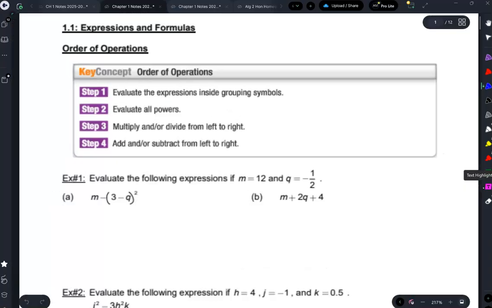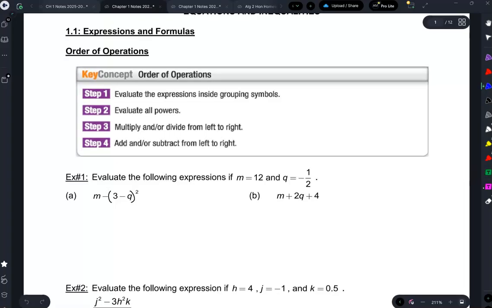All right, so very quickly, order of operations is basically the fact that we have a precedence for what we do first and so on. The first thing we do is take care of the grouping symbols.